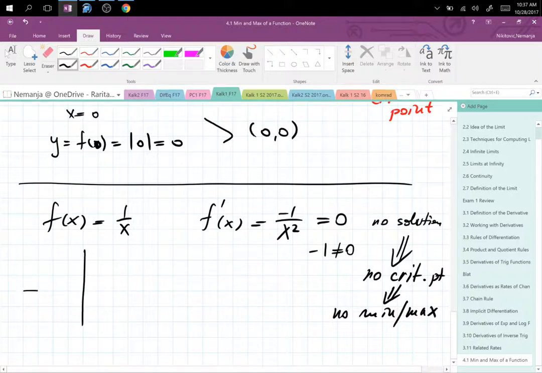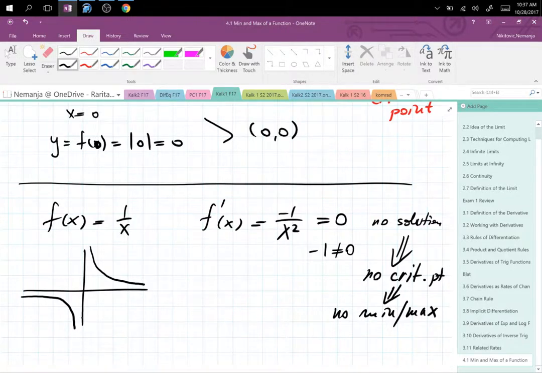And again, if you remember your basic functions, when you draw 1 over x, it is clear there are no min and max values on this particular graph. So now you've seen it all.